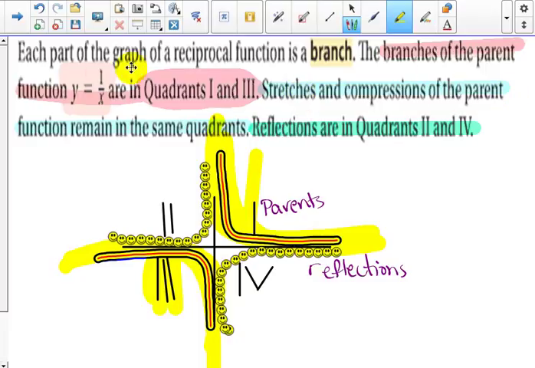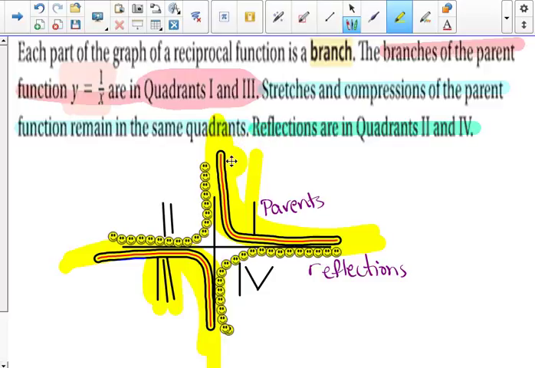Stretches and compressions of your parent function will also remain in the same quadrant. So as you stretch or compress, it's not going to flip it over the axis. The only thing that's going to flip it into another quadrant is that negative sign on the A. So when you apply a stretch or compression, it's going to remain in this quadrant.